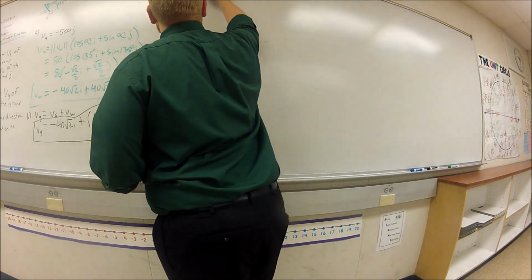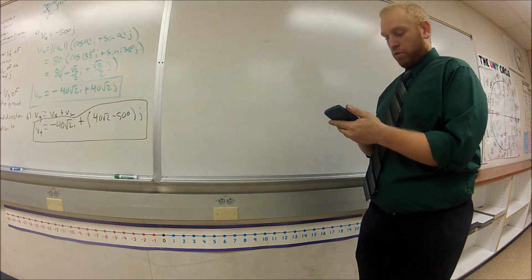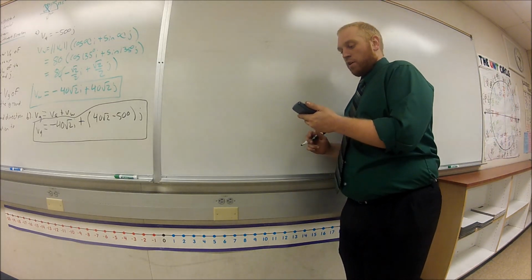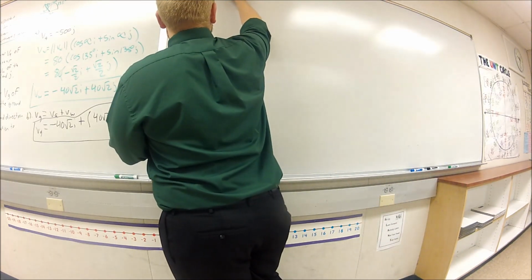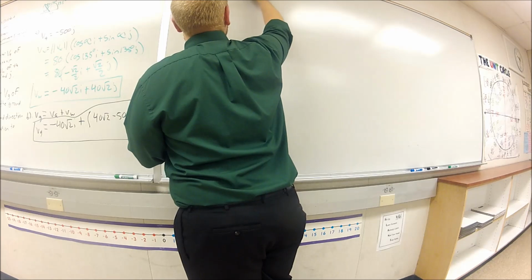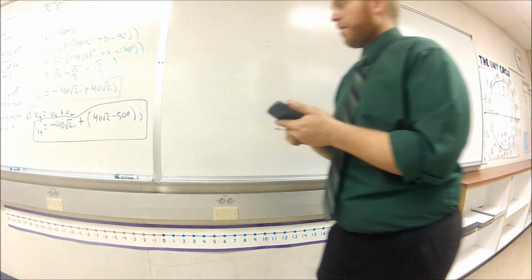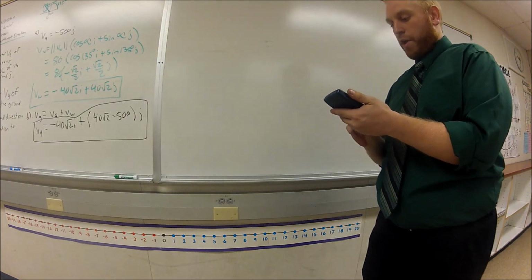So V sub g equals, let's see what 40 times root 2 is. It should be negativized, so negative 56.569. And let's see what that's going to come out as. I'm thinking it's going to come out negative, because 40 times root 2 is nowhere near 500. Yep.